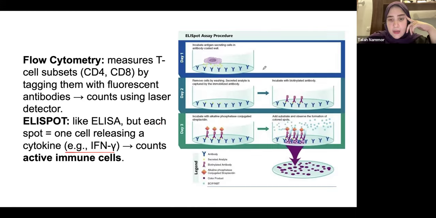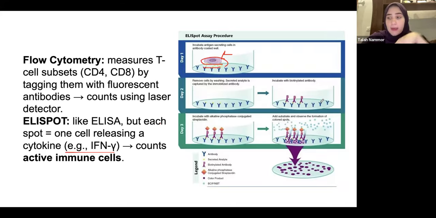So what do they do here? We have these antibodies, and they put them with a specific cell that will release specific antigens. Let's say this cell is a macrophage and it's releasing interferon gamma. Then you remove the cell and add a newly created antigen to see if it's going to bind to the interferon gamma or not.